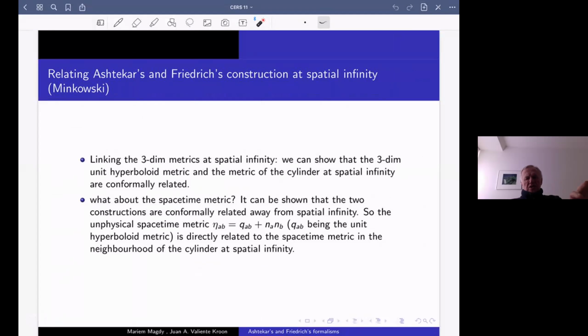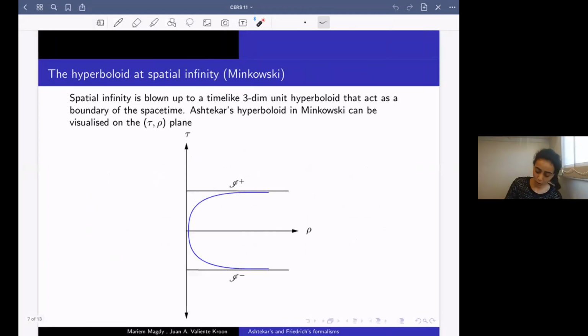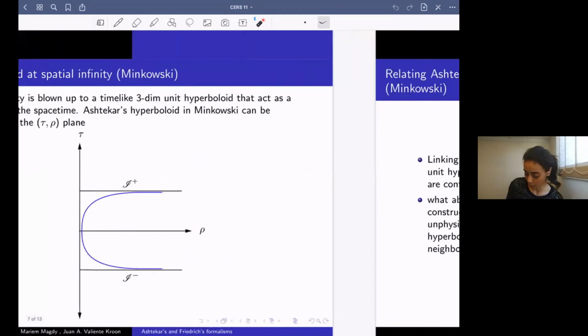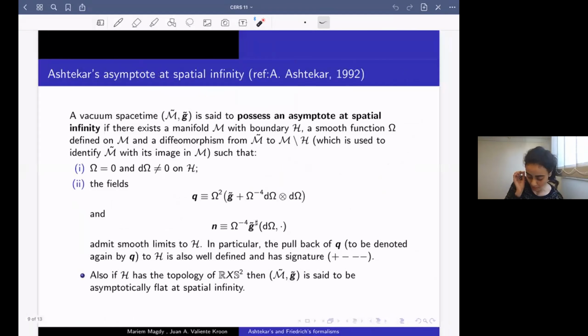You take the picture with the cylinder, and then in that framework you discuss Ashtekar's construction. For Minkowski, we didn't redefine the spacetime metric, but we did that for a general spacetime. Initially we looked just at the Ashtekar construction as it is, but then we redefined how the spacetime is defined for Ashtekar.